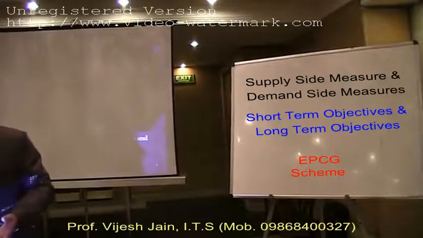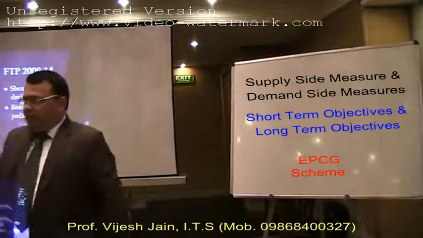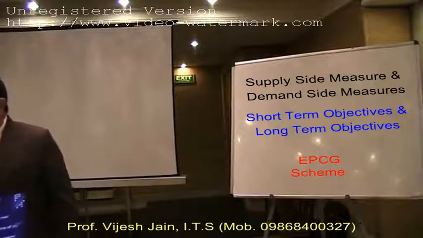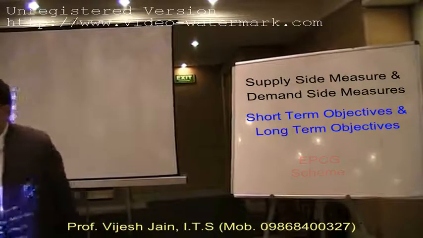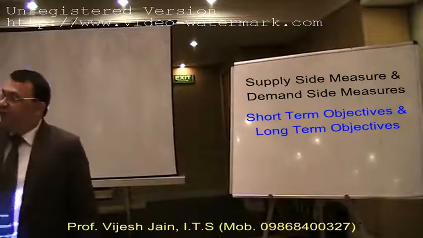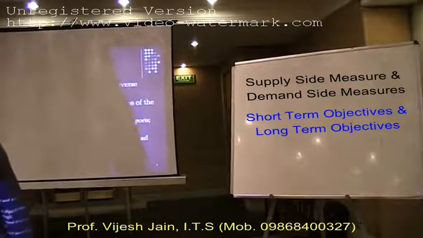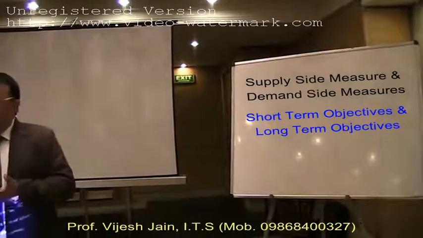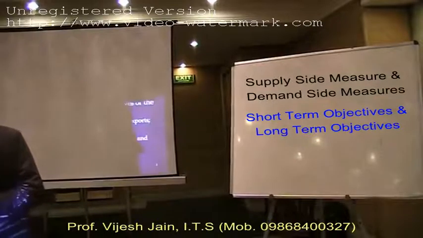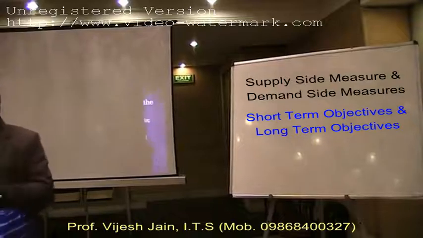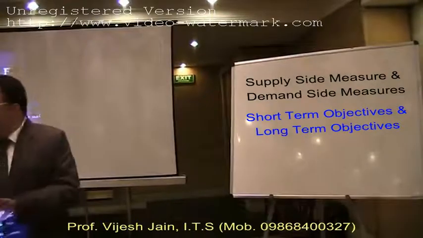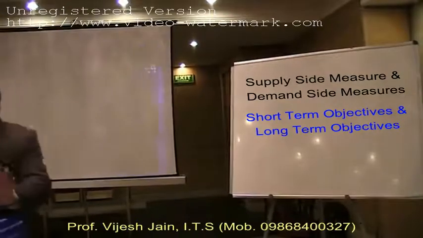You can import capital goods, for example, worth 1 crore rupees, without paying any duty, with the condition that in the next 5 years, with the help of this capital equipment, you will export 3 times, 3 crore rupees worth of goods. You give an affidavit, yes, I will do it. You get the 1 crore rupees capital goods duty free, and then you try your best to export 3 crore in the next 5 years. If you fail, you apply to the government, okay, I could not do it, please extend. They will extend it. This is what is done.